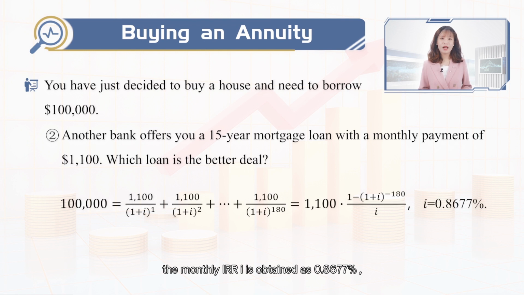The monthly IRR I is obtained as 0.8677%, or an annual percentage rate of 10.4%. It's smaller than 12%. This means we can pay off the loan at a lower interest rate. So the 15-year mortgage is a better deal.